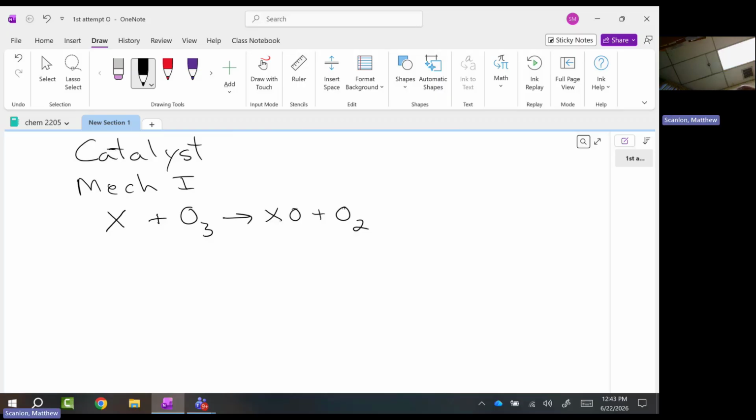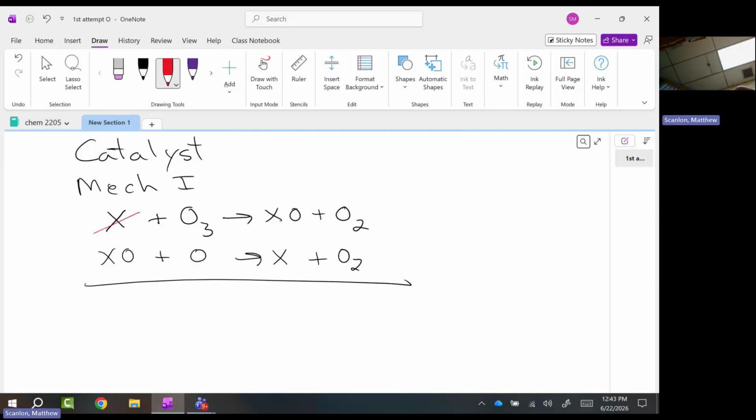And then XO plus O yields X plus O2. When we add these reactions up, the X's and the XO cancel, and we catalyze this reaction right here: O3 plus O yields 2 O2.